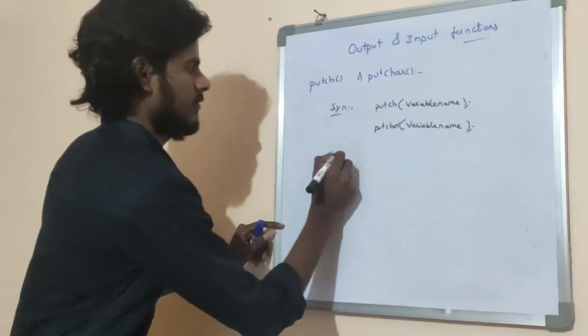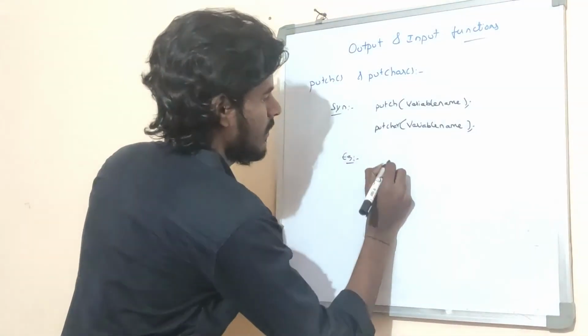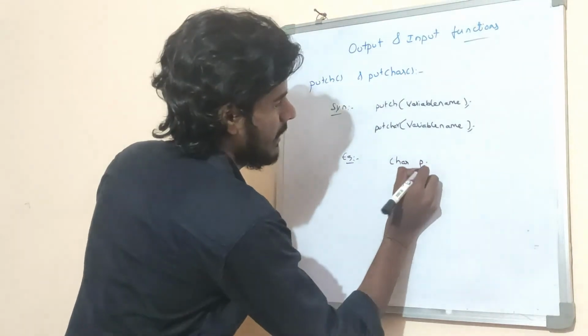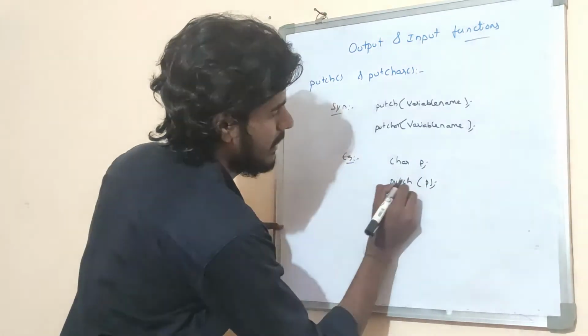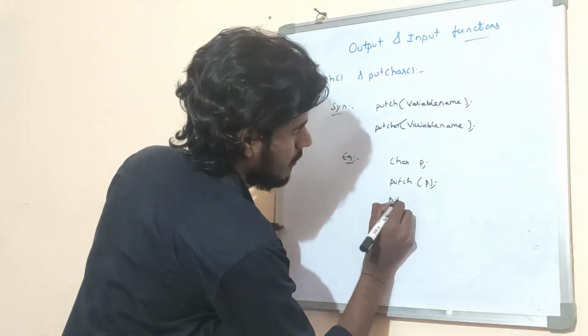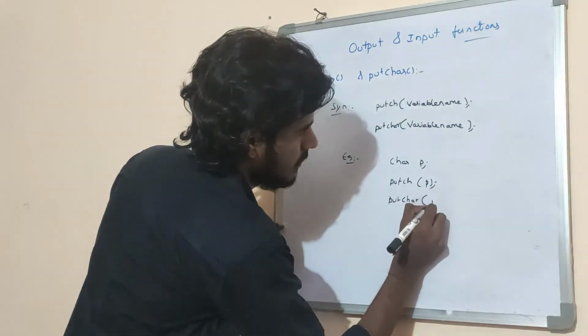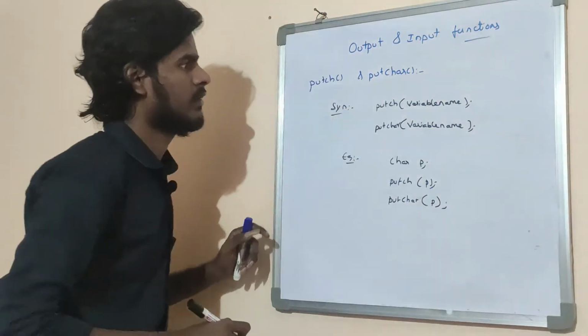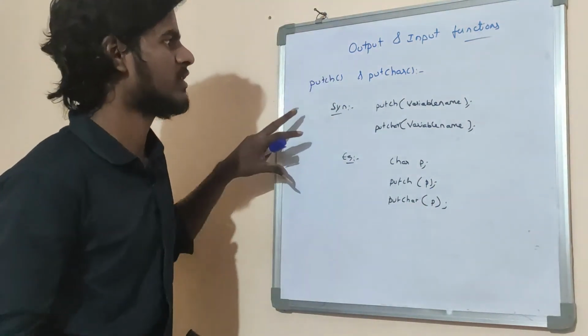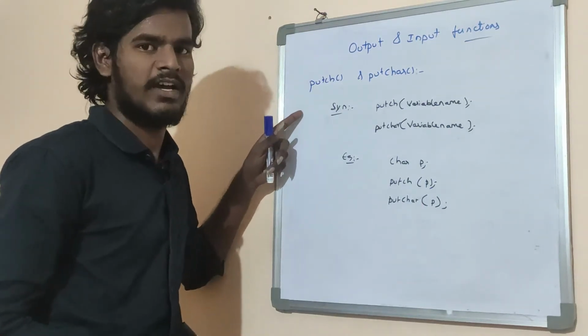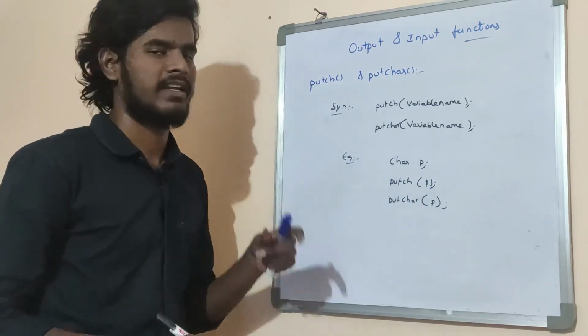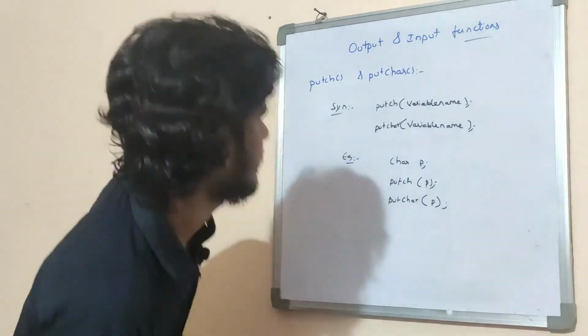Okay, example, char p, putch p, putchar p. Okay, this is the concept about putch and putchar. Remember that these two functions are used to print only single character data.